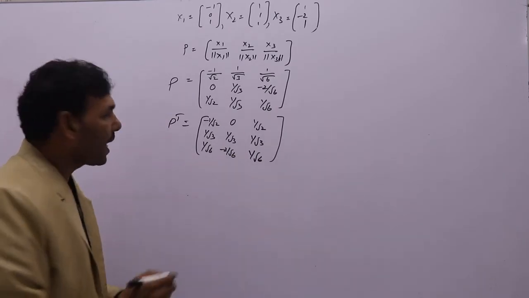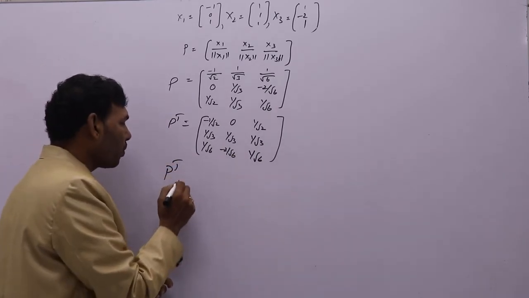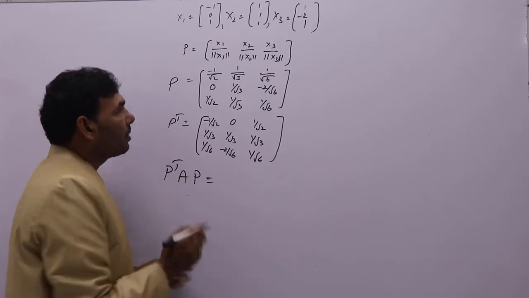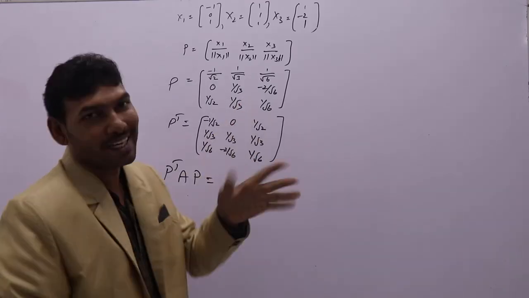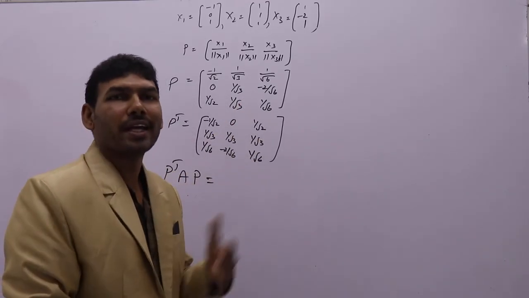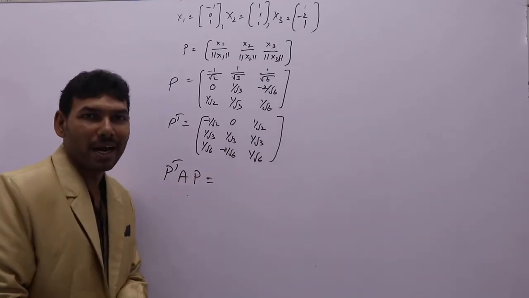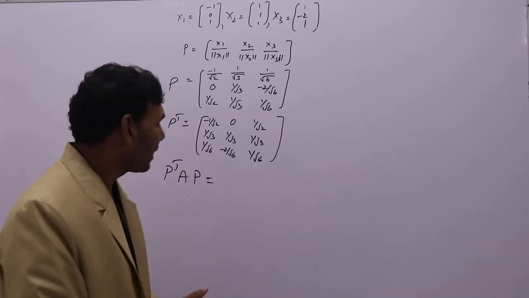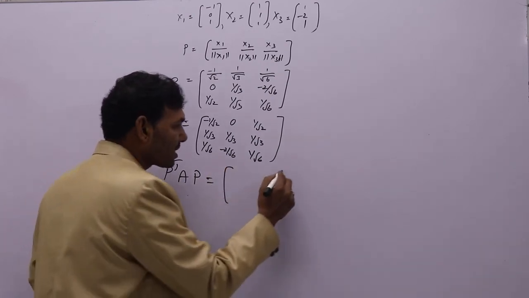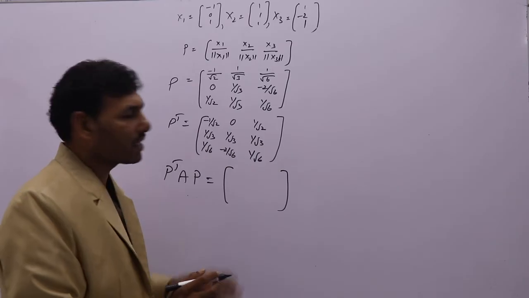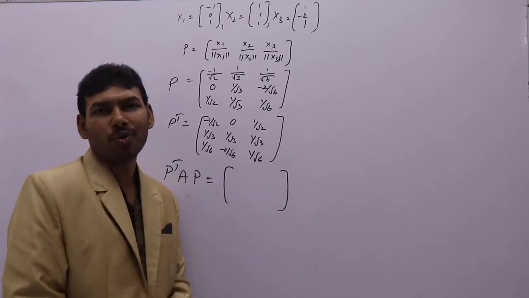Next, you need to calculate P transpose A P. P transpose is this one. A matrix we already wrote, the matrix of the quadratic form, and P. If you multiply these 3 matrices, you will get a diagonal matrix. In that diagonal matrix, simply keep the eigenvalues. No need to multiply.